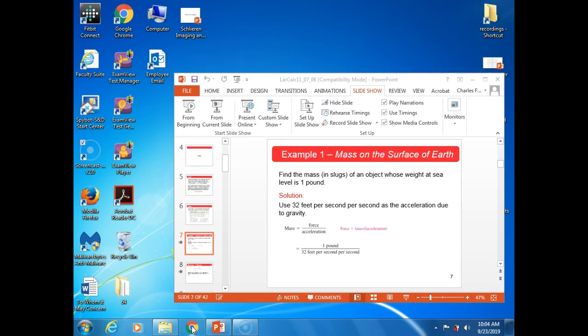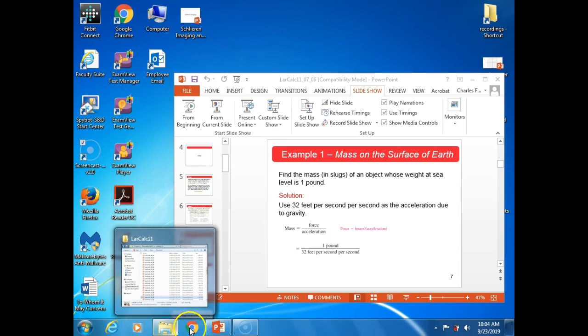So maybe it'll open this time. Or maybe it'll sit there and spin. Okay, still nothing. Oh, this is discouraging. Let's try it one more time. Still nothing.